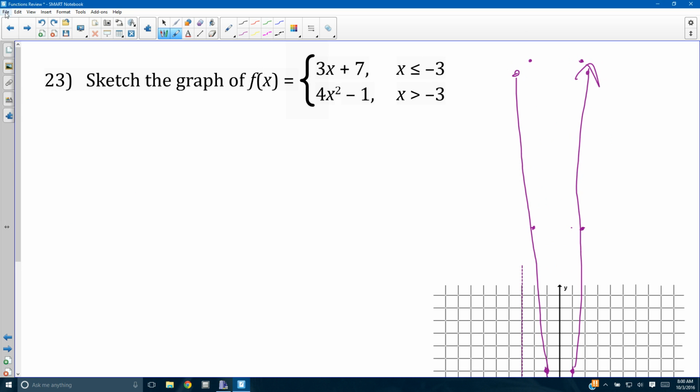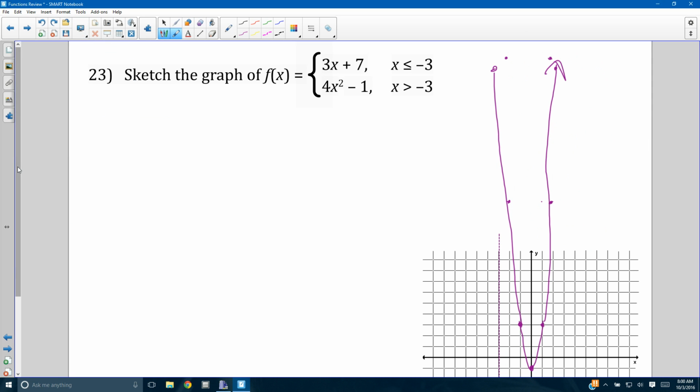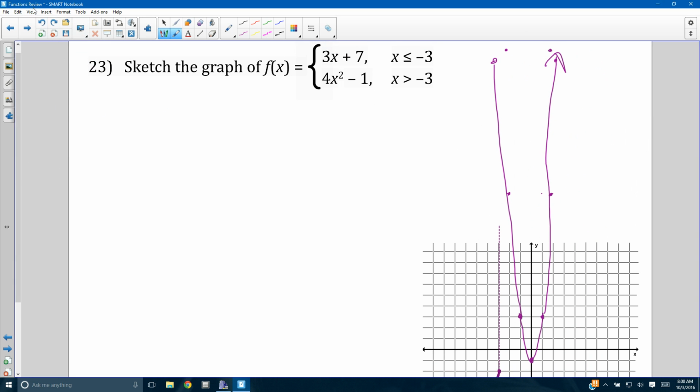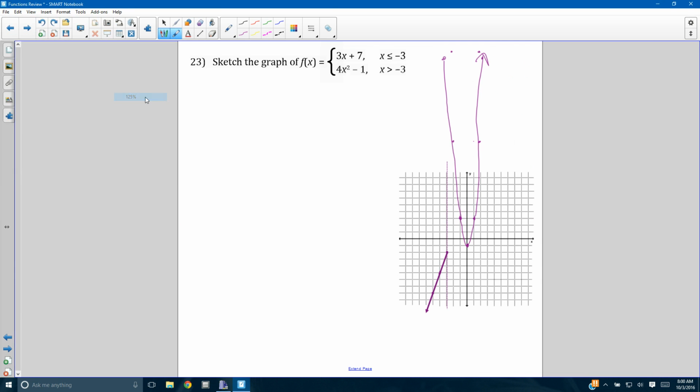But if I zoom out here, I didn't zoom out very much, but you can see what it is that we're looking at. Okay, this piecewise function right here. It goes downward forever that way and to the left. Right here it starts anew. It does not include that point.